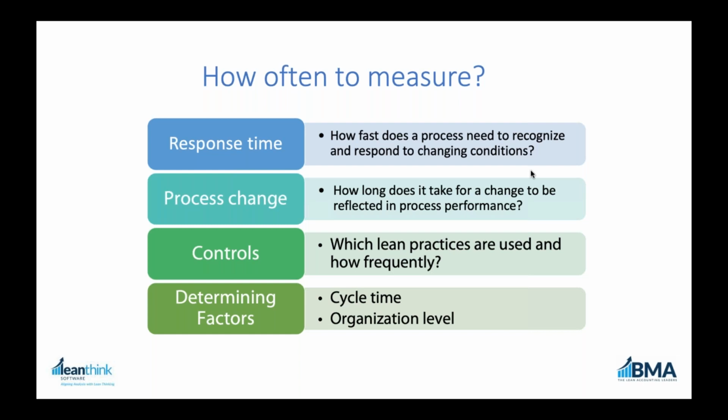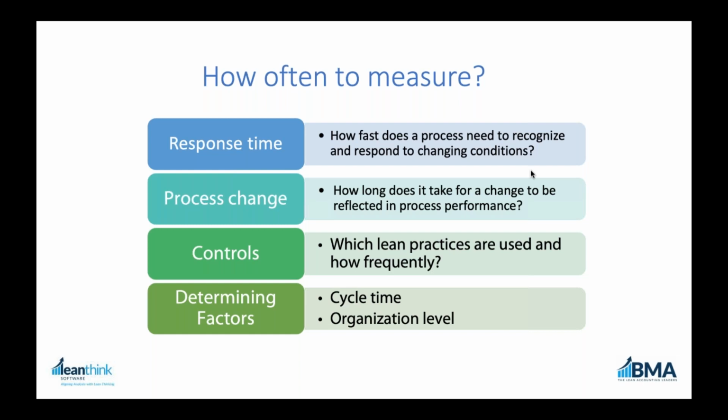If you're working in banking, the people in the bank lobby who want to deposit some money or do a transaction, that's high volume and short cycle times. However, a loan application takes longer. So you might have different types. How often you measure can be different even inside a business.